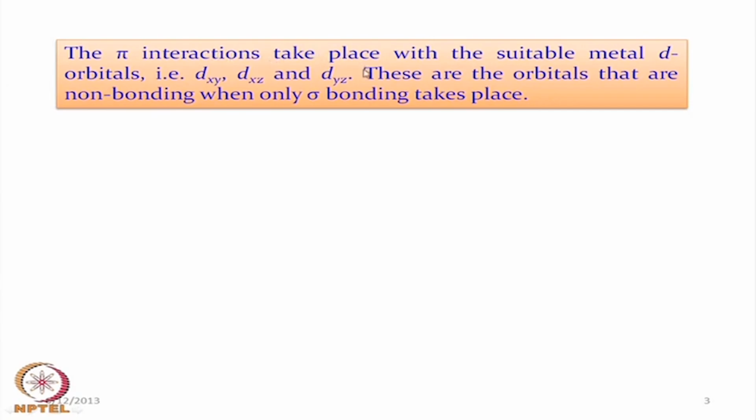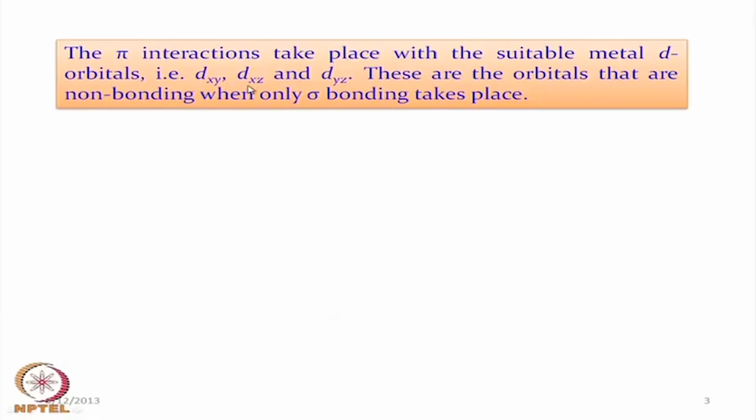In our previous consideration of sigma bonding interactions, we saw that we do not have any matching orbitals for the dxy, dxz and dyz orbitals, and they remain as non-bonding orbitals from the metal side.